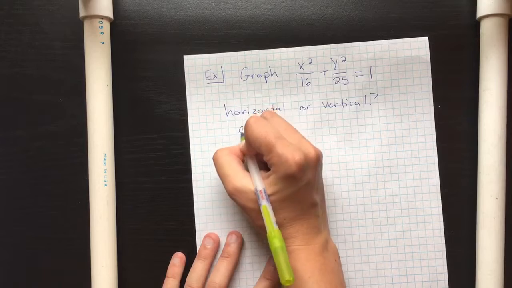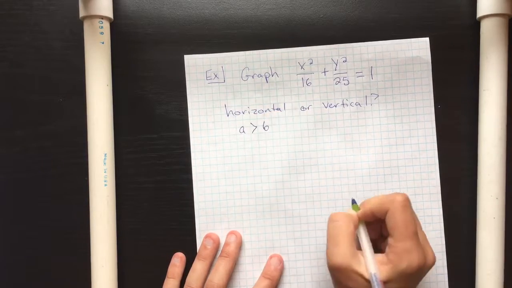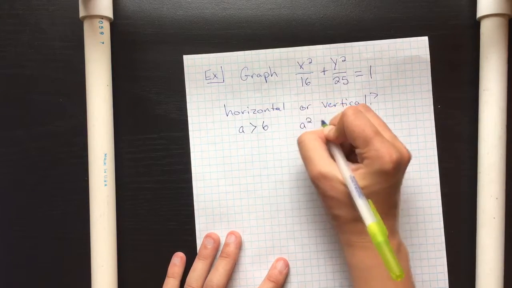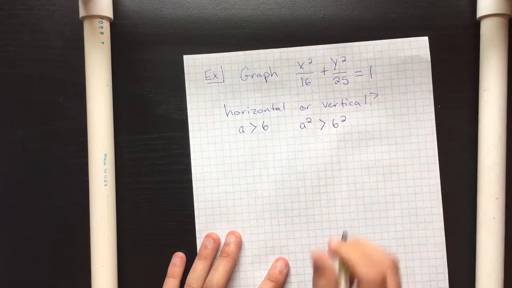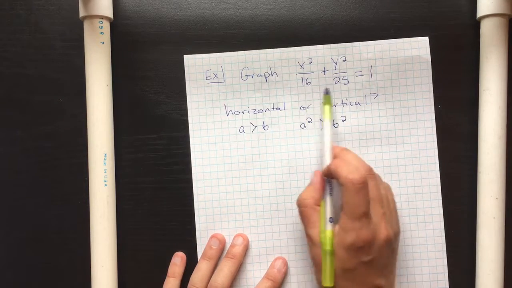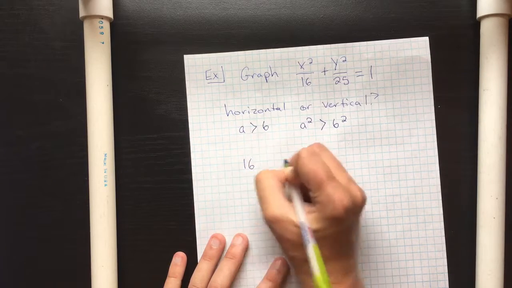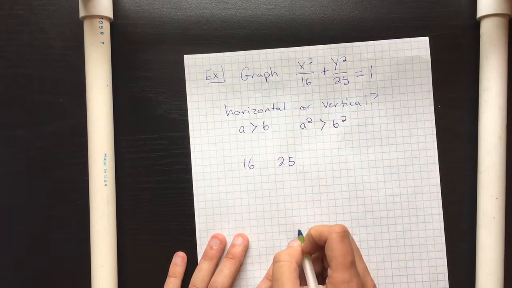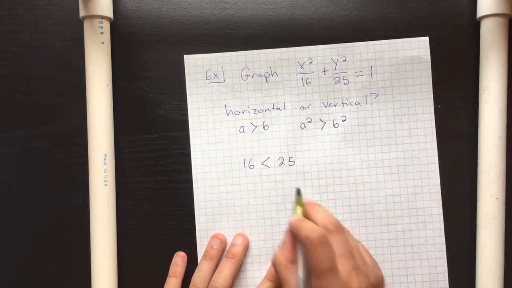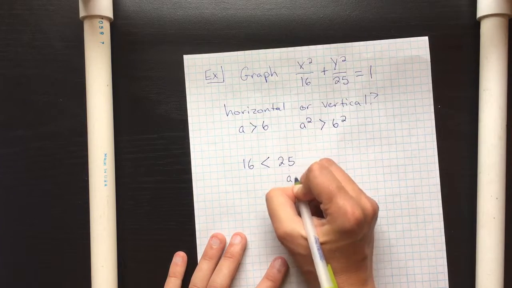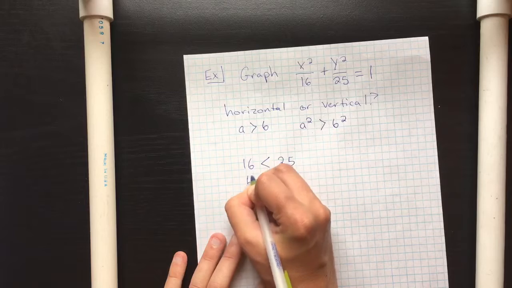So remembering that a is always greater than b, we can also say that a squared is always greater than b squared. So looking up at what they gave us, we know that on the bottom we have 16 and 25. 25 is bigger, so that means that 25 is a squared and 16 is b squared.